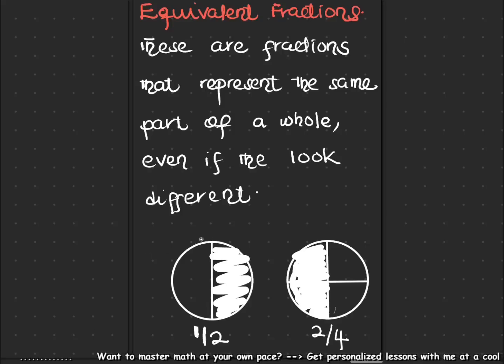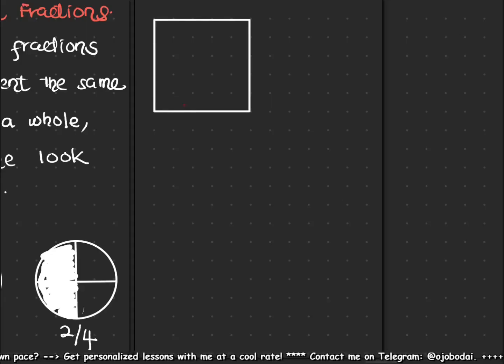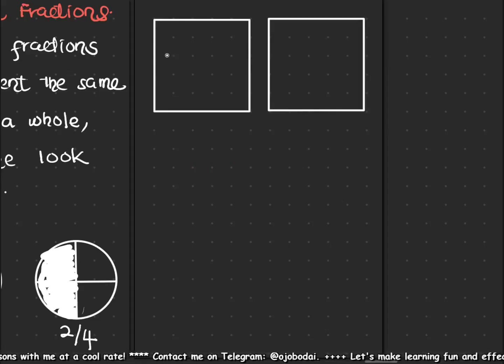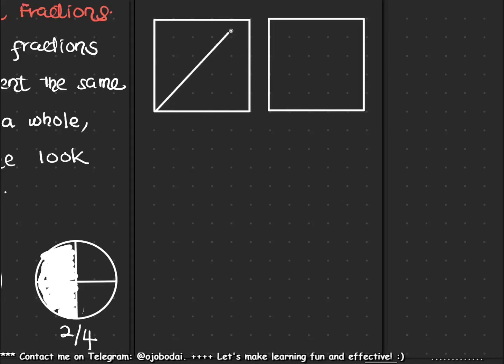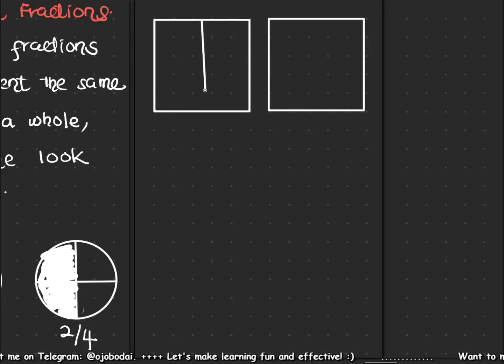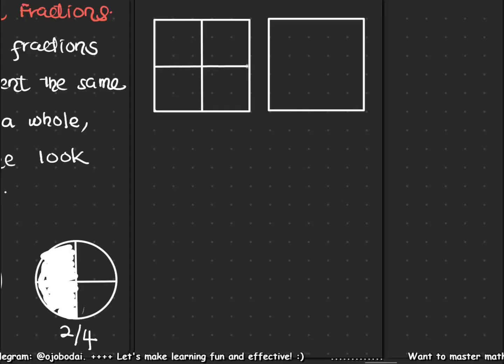Let's take one more example so we can appreciate what we are studying. For this example, I'm going to use a square. So this is my square here. And for this, we are going to get the same thing as the previous one. For this very first one, I'm going to divide it into four equal parts.